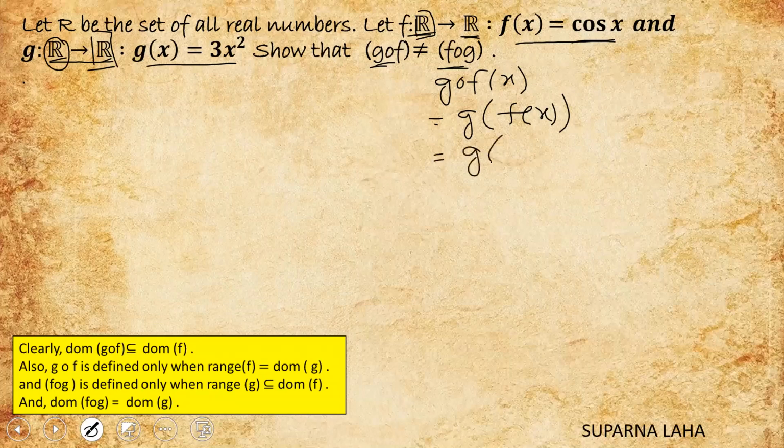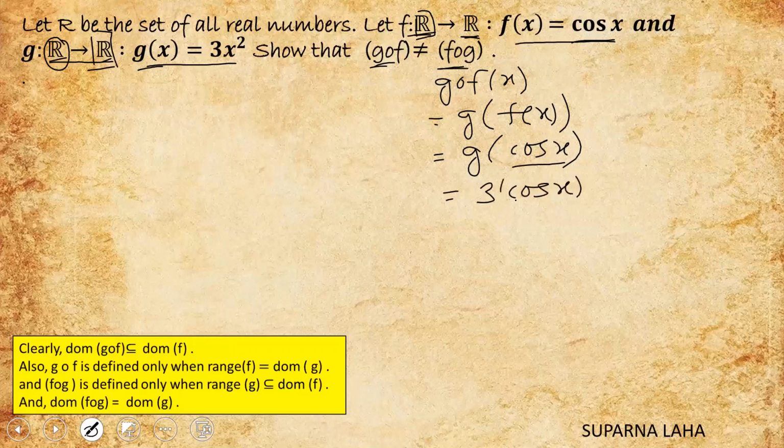Now what is g of x? g of x: if the input is x, then the output is 3x square. So if the input is cos x, then the output is 3 cos x the whole square. That means 3 cos square x.